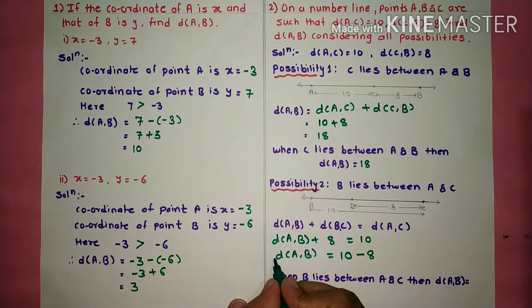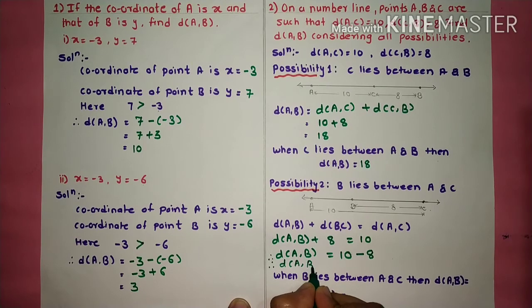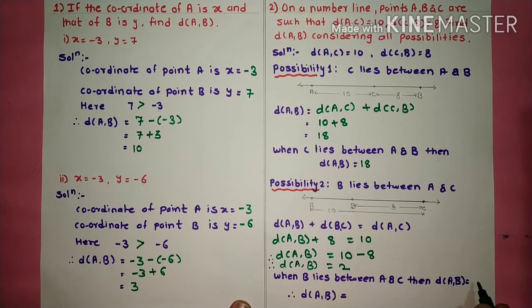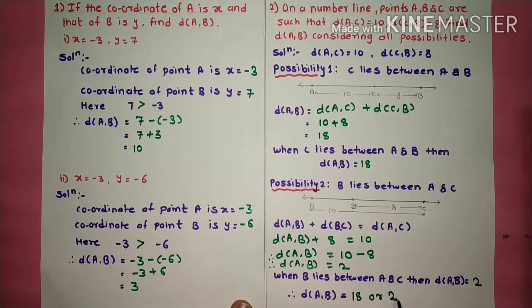Therefore, distance AB equal to 10 minus 8 is 2. Means when B lies between A and C, then distance AB equal to 2. Therefore, distance AB equal to 18 or 2.